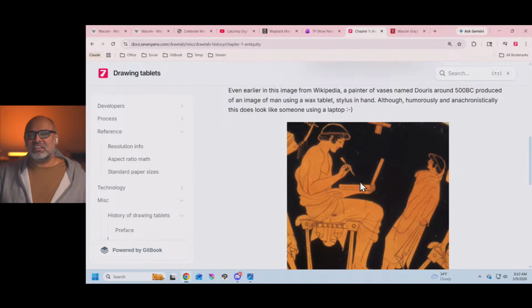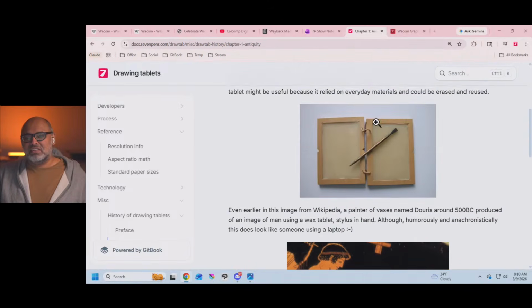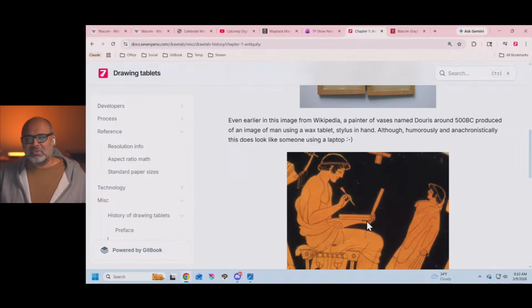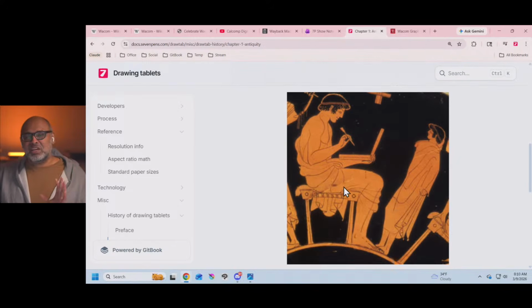And now that's what's funny. By the way, notice that it's two tablets with little cords, making them hinge together. So if you look at it from the side, you would be very confused that this 2,000-year-old art from Greece looks like this guy is using a Microsoft Surface or something.